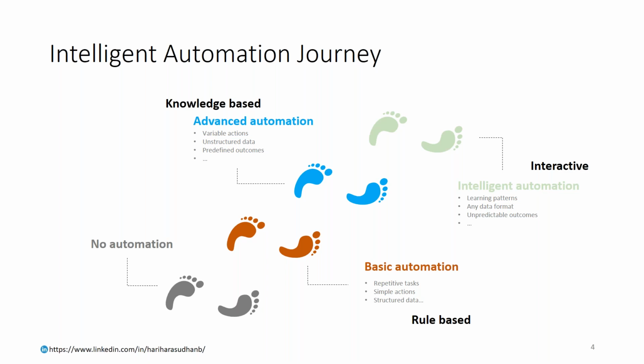So I believe that we now have some understanding of what is process automation and what is basic robotic process automation. How does machine learning come in? What is the journey? How does a normal automation task with complex technologies become an intelligent automation task?